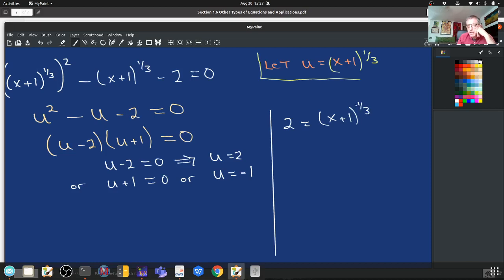Well, my exponent is 1/3, and the reciprocal of 1/3 is 3. So I'm going to raise both sides to the third power. Two to the third is 8, 2 times 2 times 2. And 1/3 times 3 is 1, so that gives me x plus 1. Oh, how nice. So I'm going to move the 1 over and get x is equal to 7.